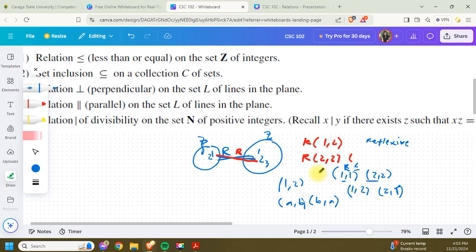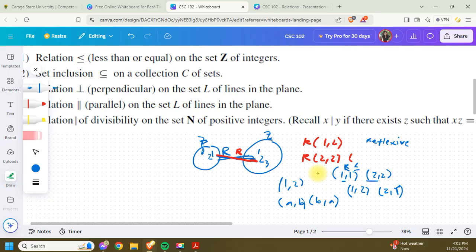Because of the existence of (1, 1) and (2, 2), which are symmetric elements, we cannot call this anti-symmetric even though the entire relation R is not symmetric.